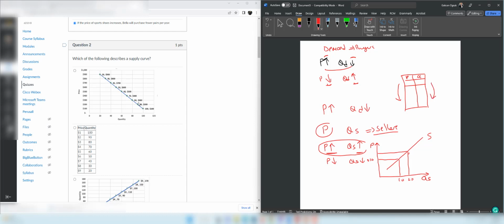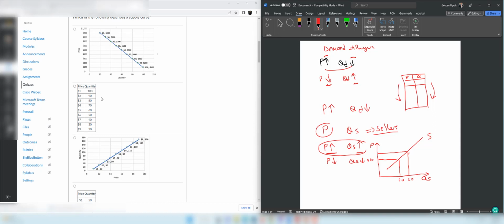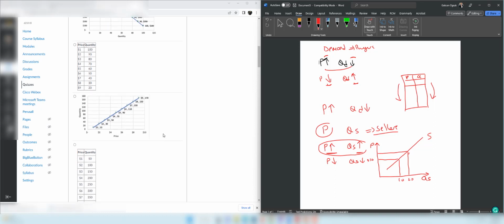So let's see, the first one is a demand curve because it's downward sloping. It's because of the inverse relation. The second one represents a decrease in quantity. So that represents the law of demand. When the prices are rising, quantities are decreasing. But this one kind of looks like what we are looking for, but it's not correct because price is presented on the horizontal axis, okay?